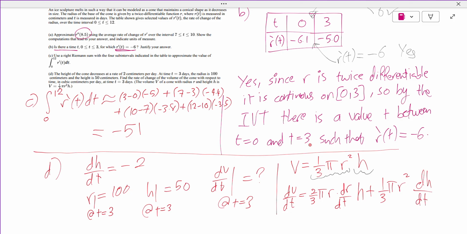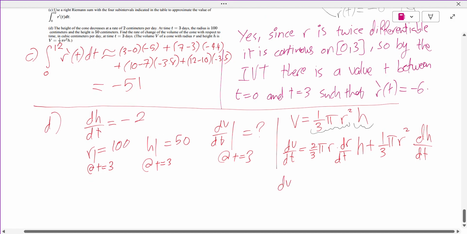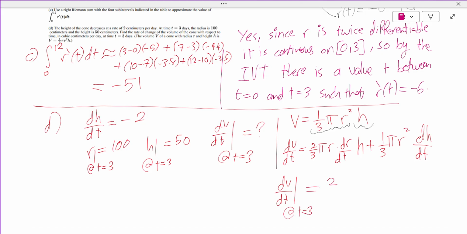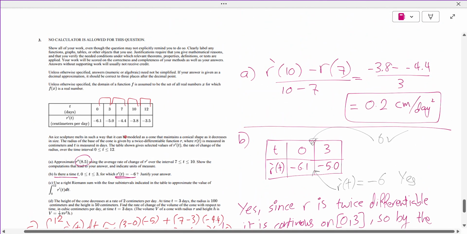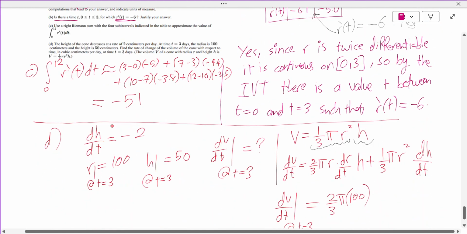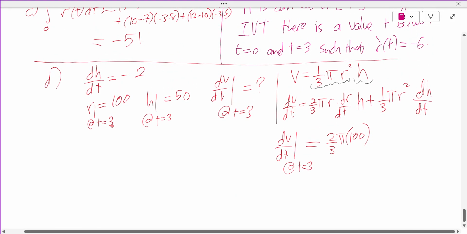So dv over dt at t equals 3 equals what? 2 over 3 pi. The radius is given, it's 100. dr over dt is r prime. R prime at t equals 3 from the table is minus 5, times the height.